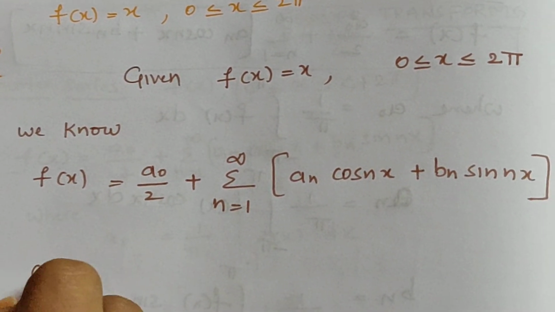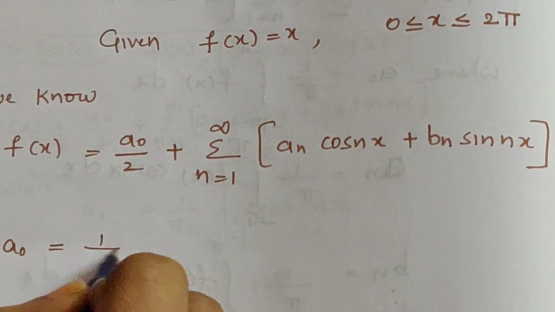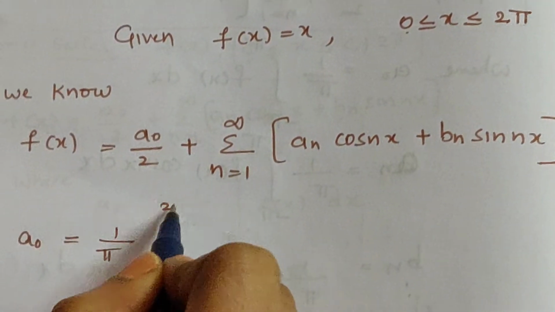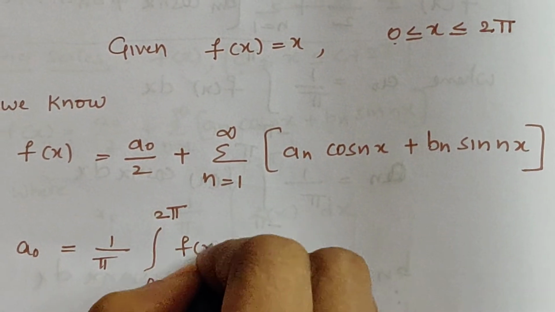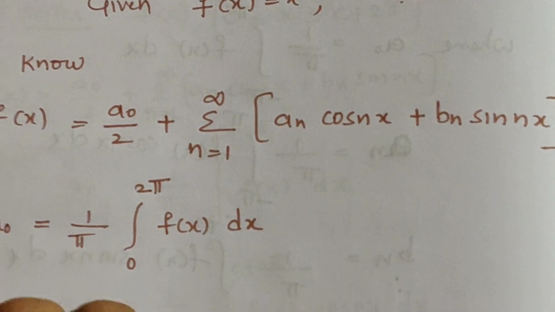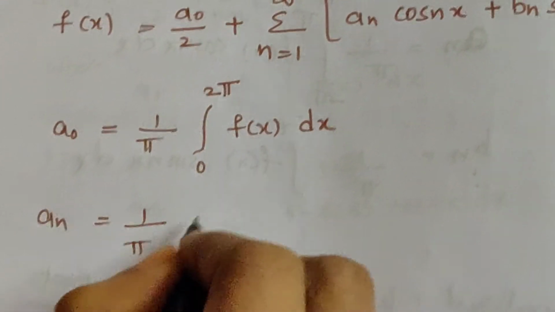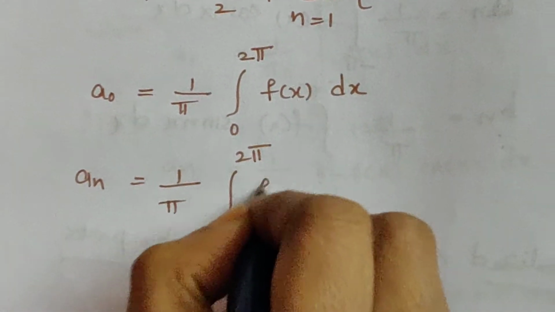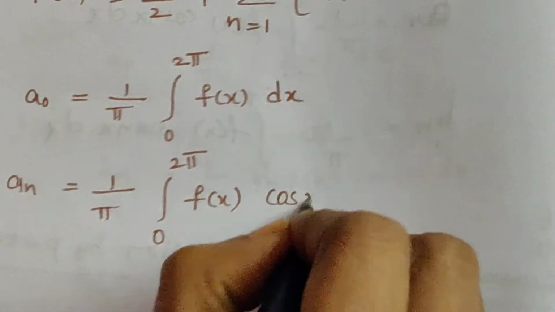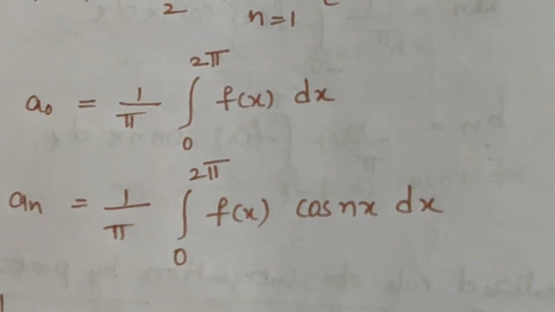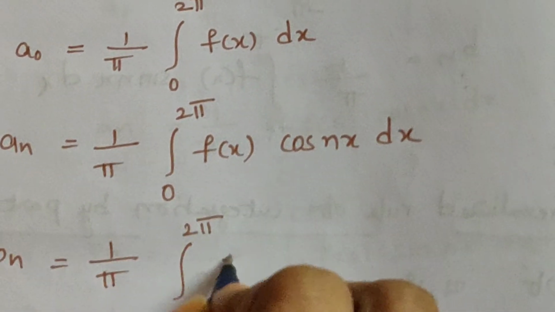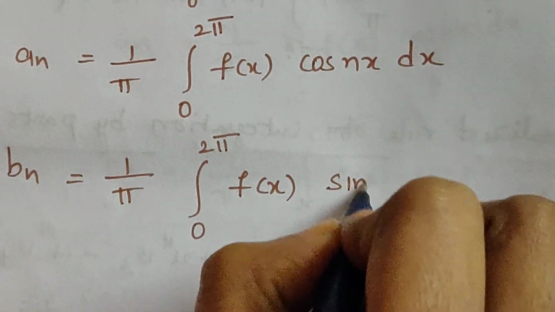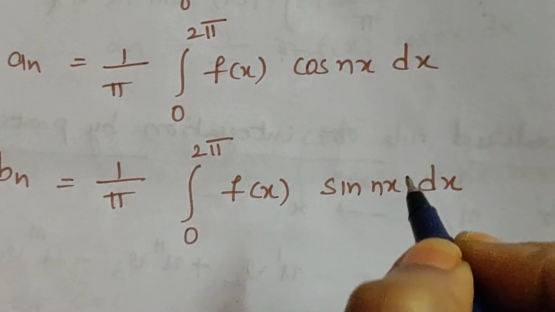Here a0 = 1/π ∫ from 0 to 2π f(x) dx, an = 1/π ∫ from 0 to 2π f(x) cos nx dx, and bn = 1/π ∫ from 0 to 2π f(x) sin nx dx.